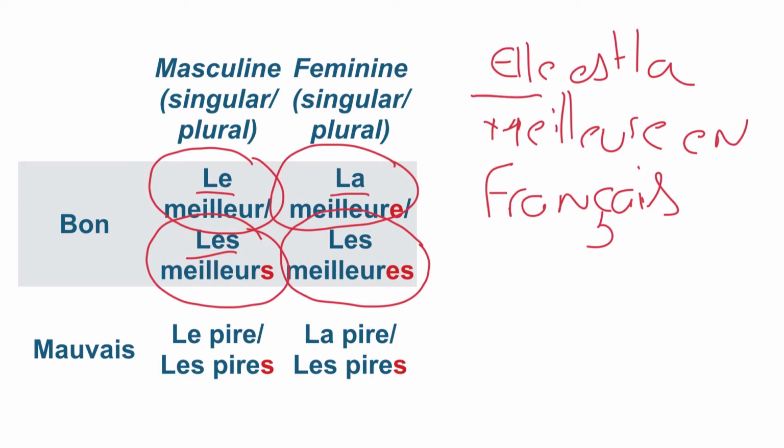Since it is feminine singular, elle, we have the article la, and the adjective meilleur will have to agree with elle. Feminine singular, so e.